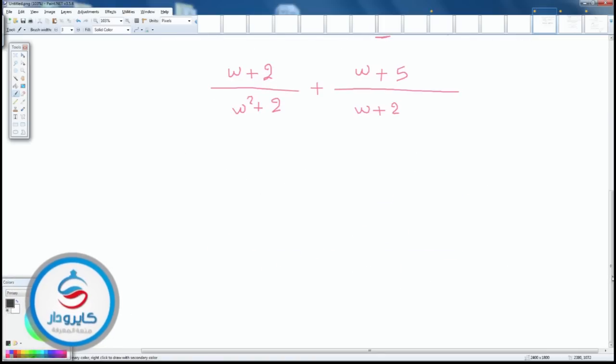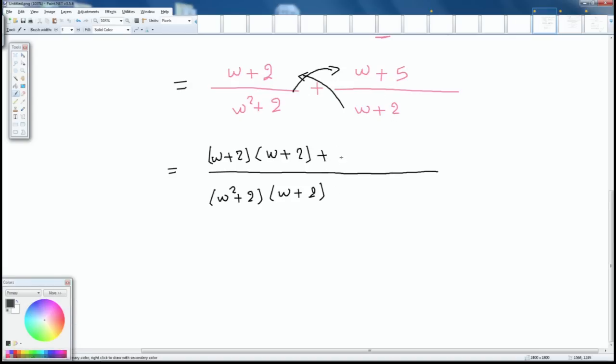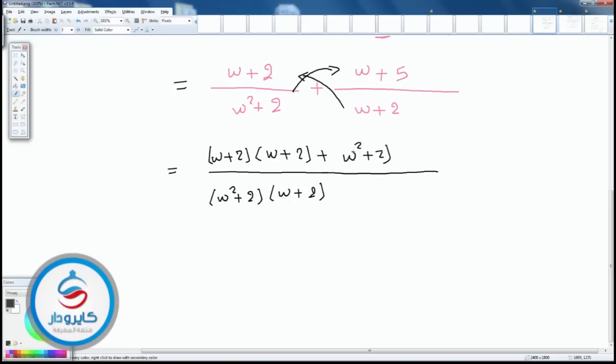By making a common denominator, multiply the two denominators. Omega square plus 2 times omega plus 2, omega plus 2 times omega plus 2, times omega plus 2, plus omega square plus 2 times omega plus 5.